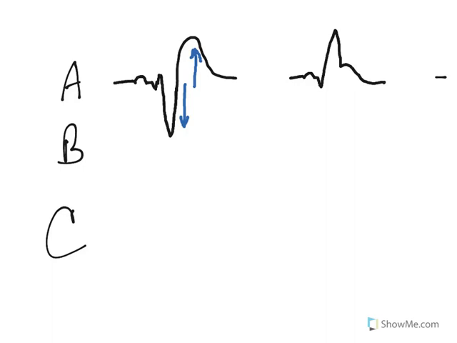It could be lead 1, lead V6, lead V5, could be aVL. Who knows? But what we're seeing here is concordance. We're seeing an upward QRS, and then we have elevation above that baseline.